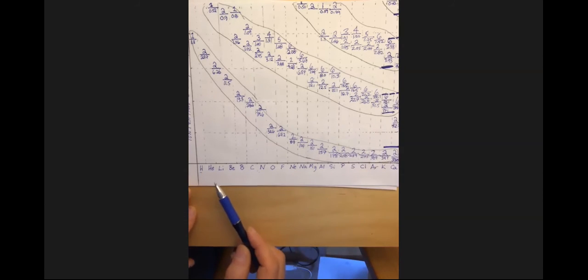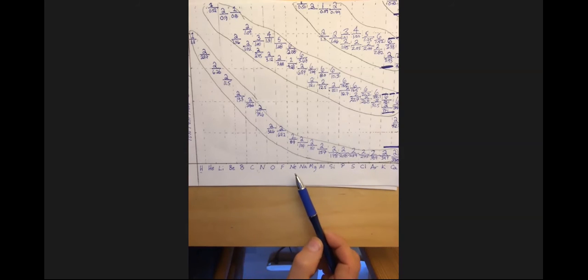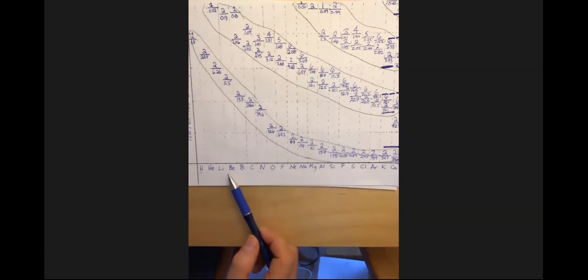The metals have a long way to go filling up octets. The nonmetals are almost there. And so we see fluorine and oxygen with favorable electron affinity values, and we see the metals with unfavorable electron affinity values.